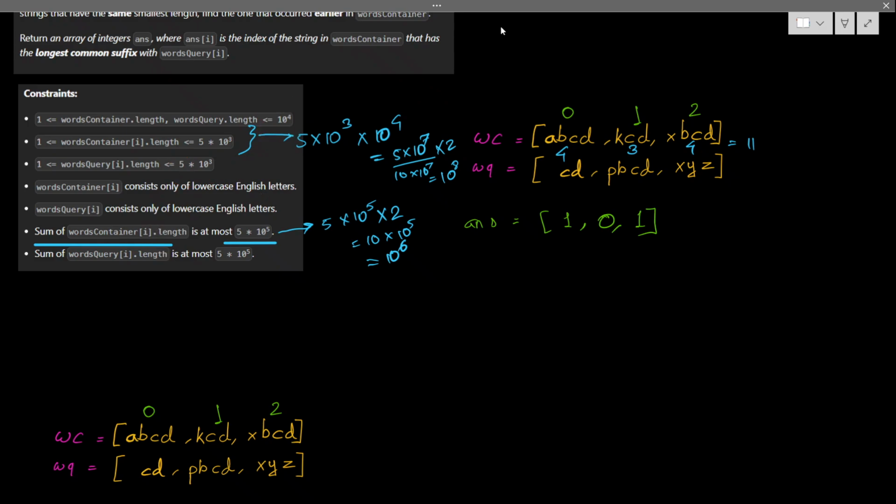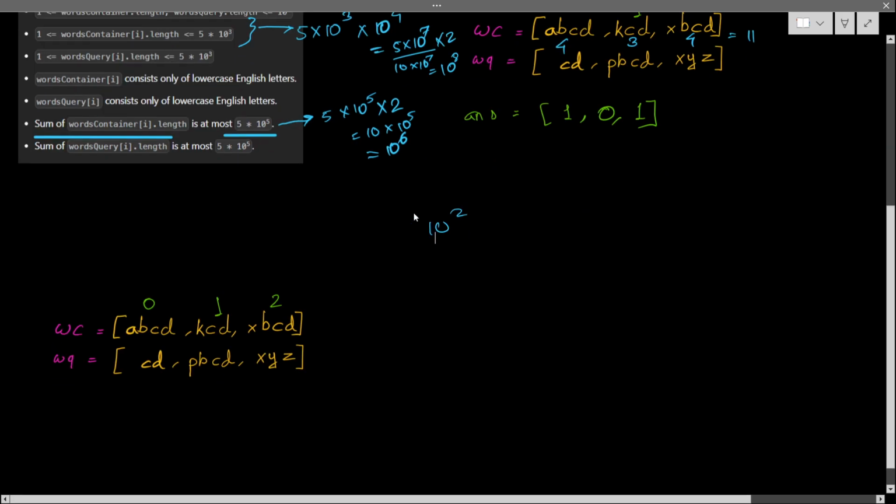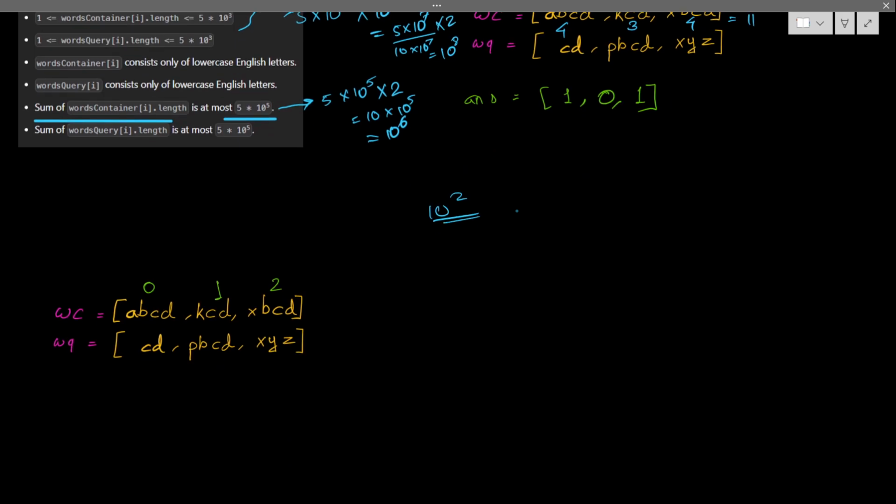Let's say the number of words present is 10 square, that means 100, and each word is 5 into 10 to the power 3 in length. So the total number of characters could be 5 into 10 to the power 3 into 100 square, that is 5 into 10 to the power 5.